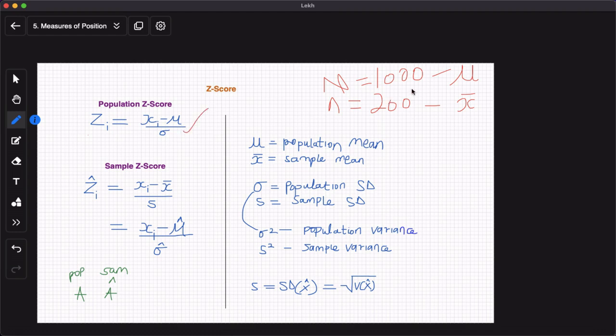That means you're considering all 1,000 students, or all the 1,000 units. And if you use the sample, then you use this formula. That means you're obtaining the Z-score for only 200 people. So the 200 units.